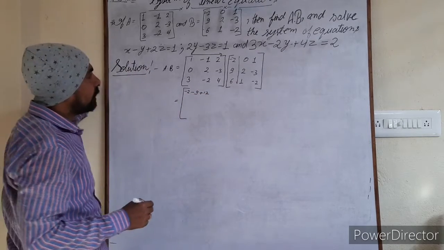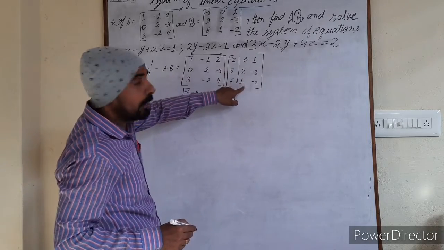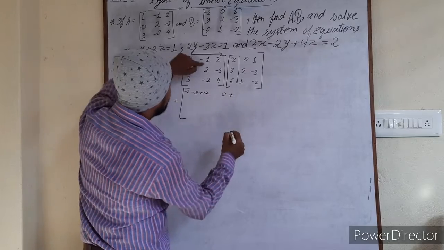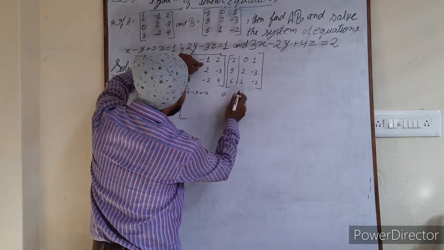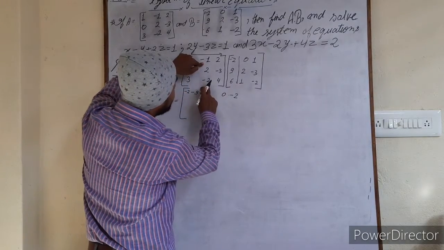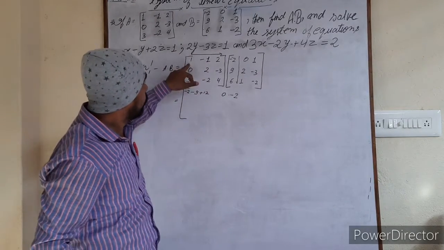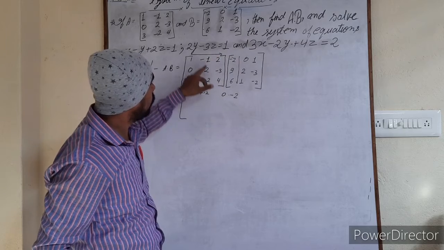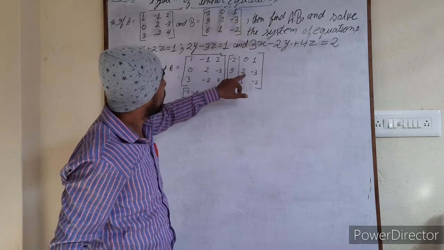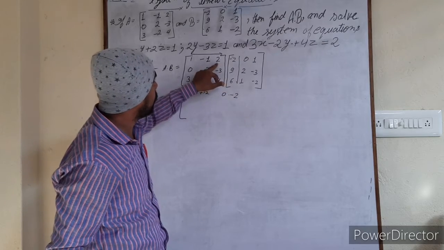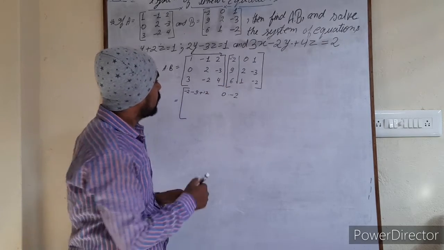This is A11. If you are going to get A12, so 1 into 0, 0 will be here, then minus 1 into 2, that will be minus 2, and 2 into 1, that will be 2.